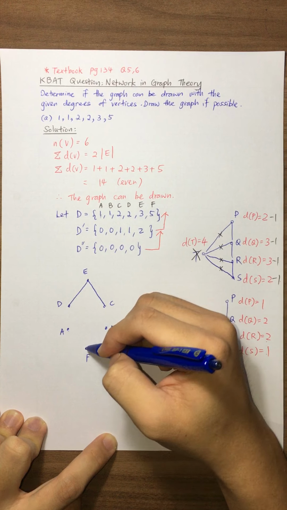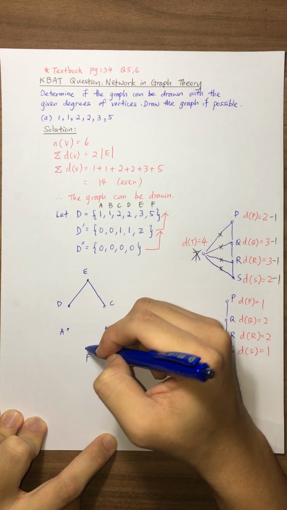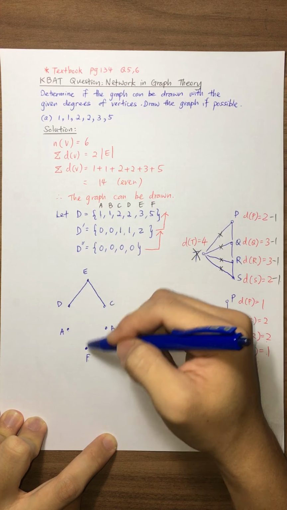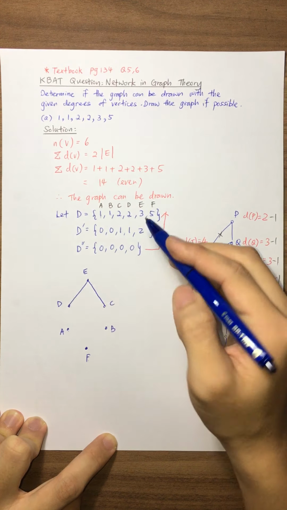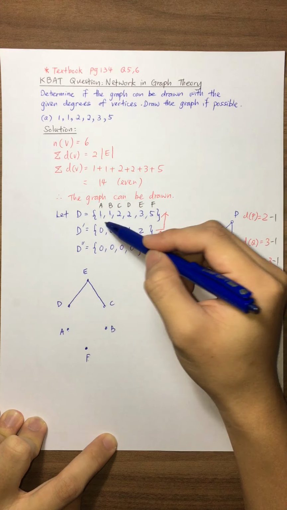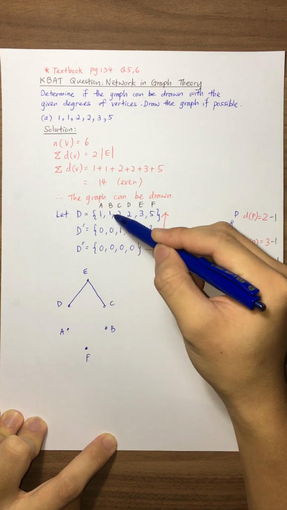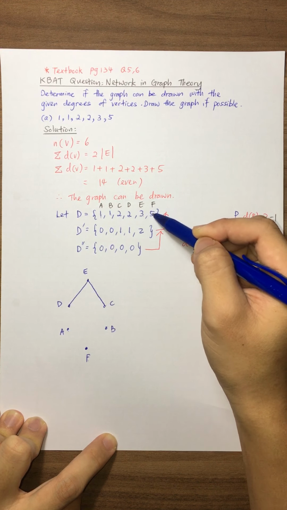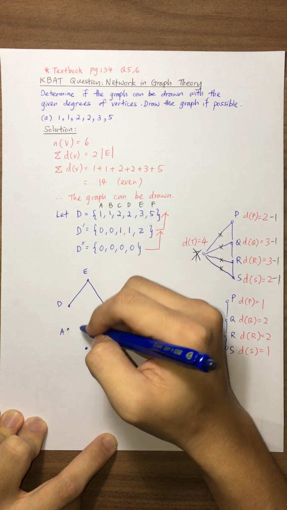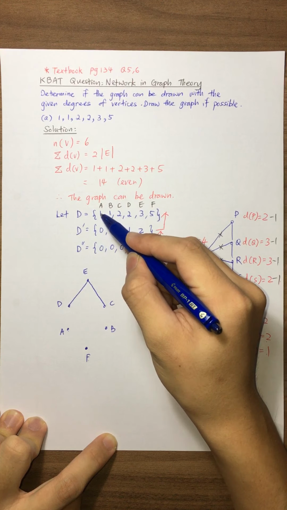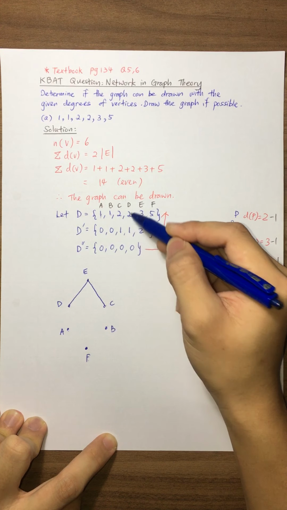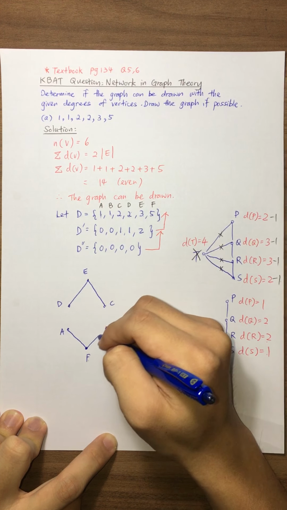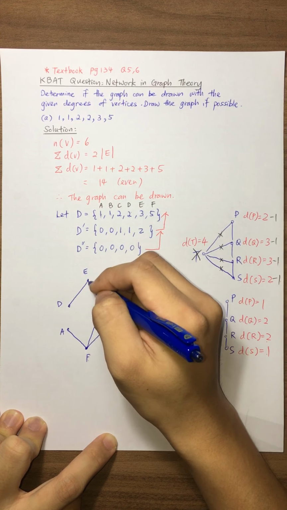So when we add back the F, which is the number 6 vertex, we have to add back the edges corresponding to it. So in the previous steps, we were deducting from every single vertex of the remaining vertices A, B, C, D, E. Now we add back the F, so we have to connect it back. So we have to add back to A, to B, to C, to D, and to E. So we add back all the corresponding edges.